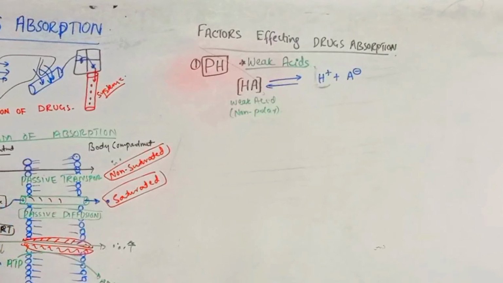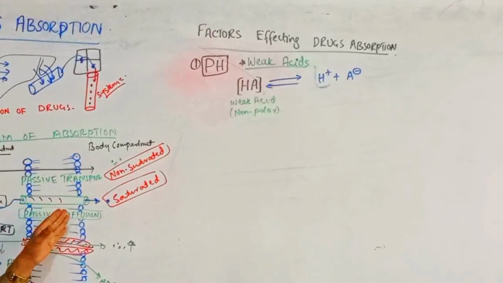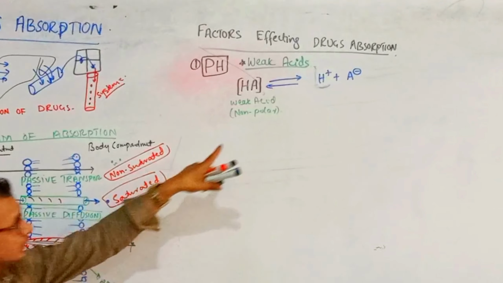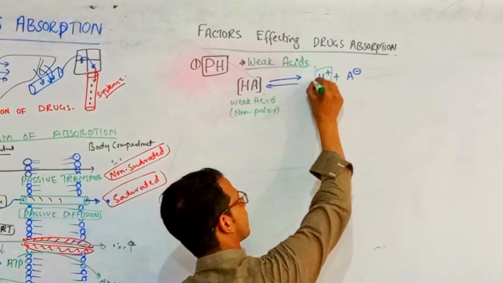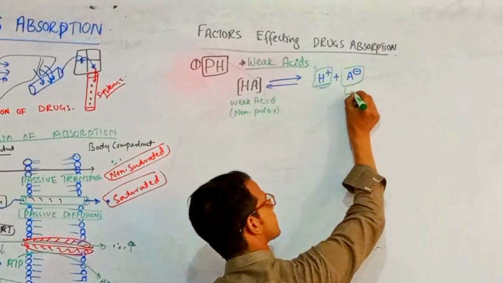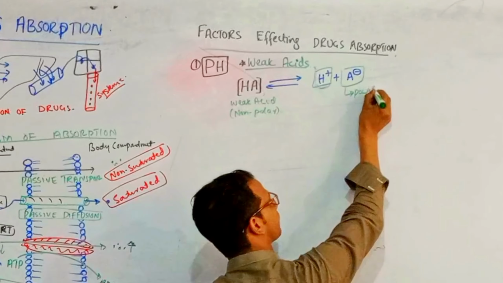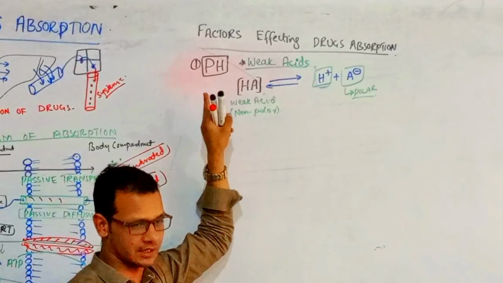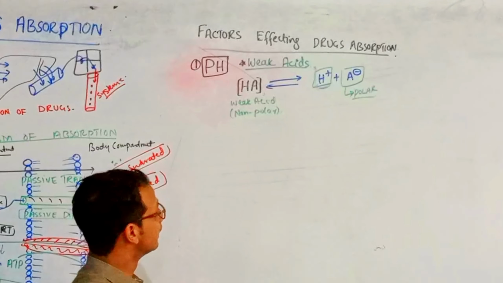Can charged molecules be absorbed easily from here? No. If the drug has high charge, it cannot cross this membrane. For example, this is a drug having high charge, it cannot cross this membrane. So this thing is acid and this drug is polar. What is needed is that we will shift this reaction in the reverse direction.